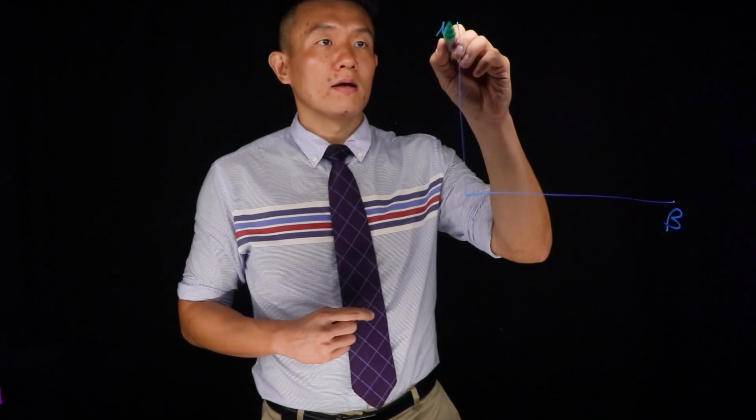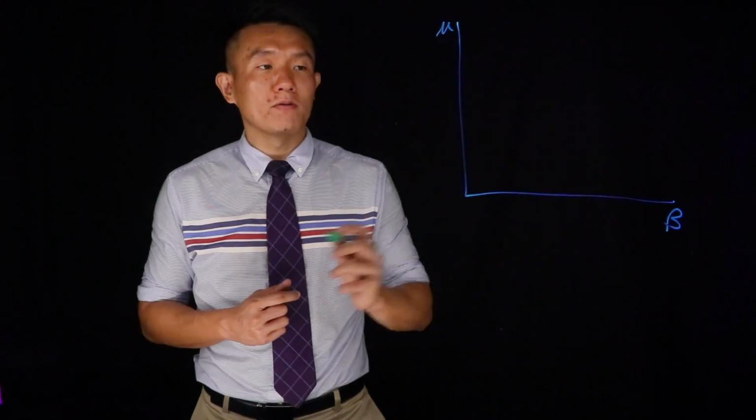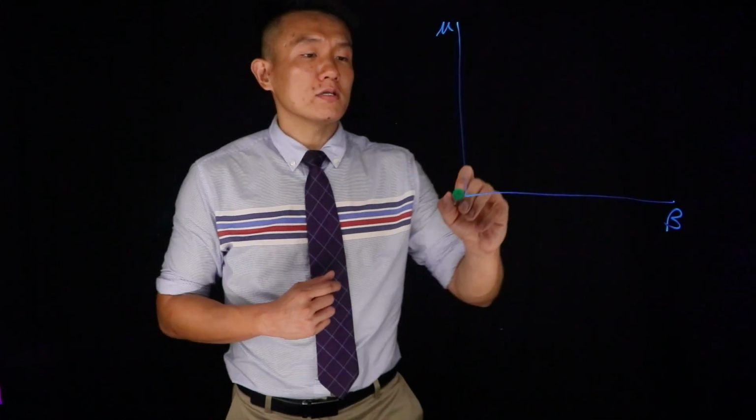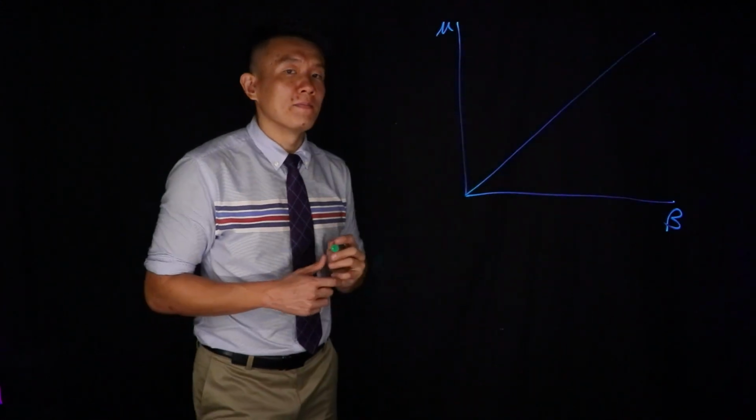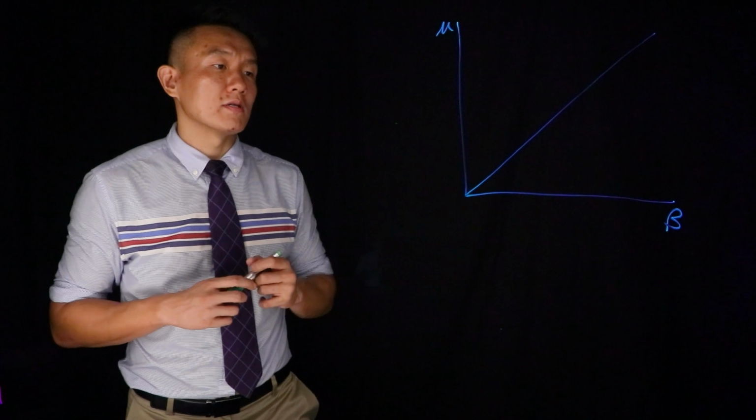So what is the CAPM saying? The CAPM is saying that if I were to plot the mean return to a portfolio against beta, I'm just going to get a straight line. And the slope of this line is just going to be equal to the market excess return.